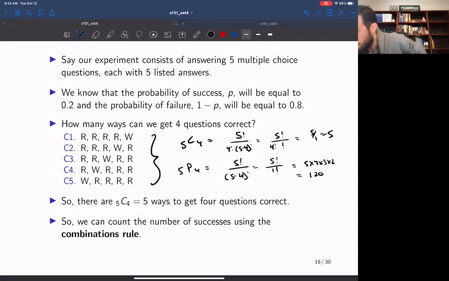And what would these outcomes look like? Oh yeah, okay, so this is why it doesn't matter.